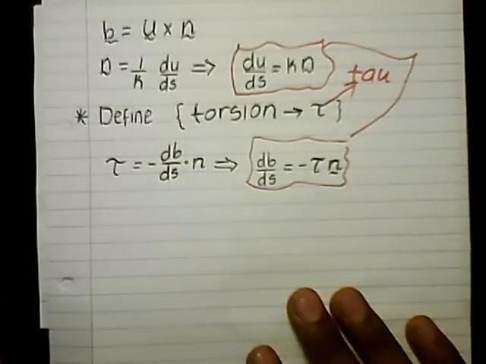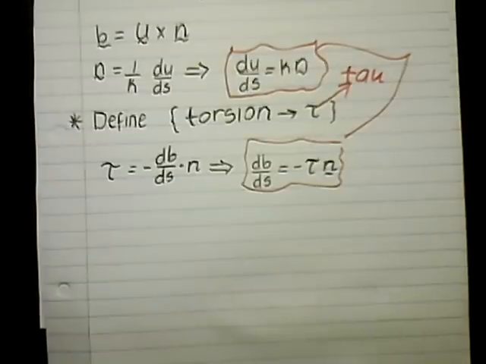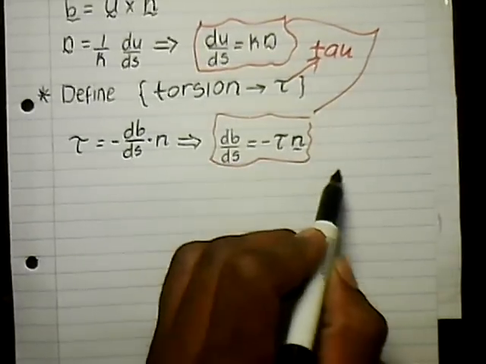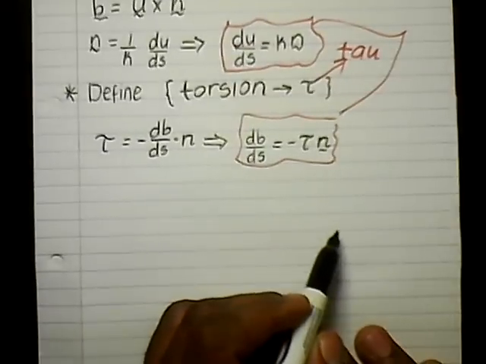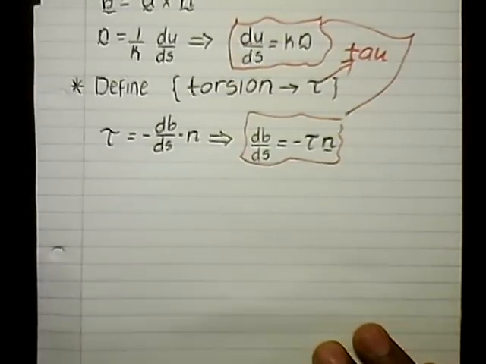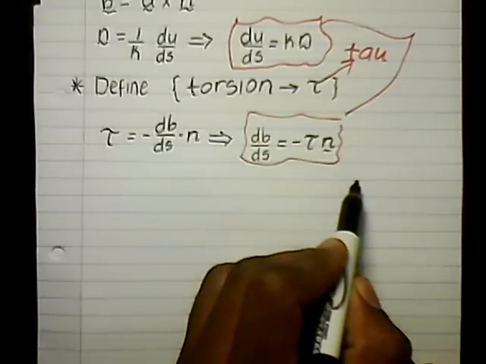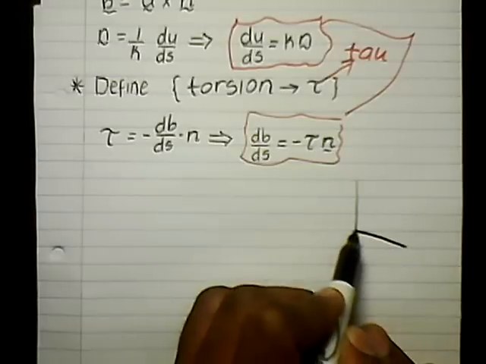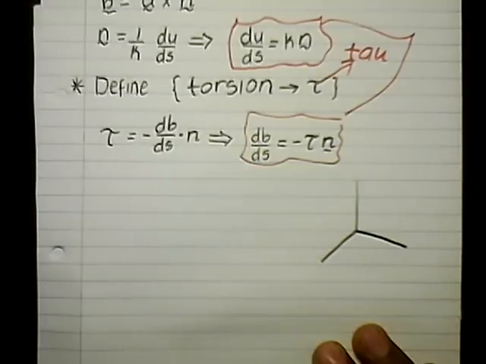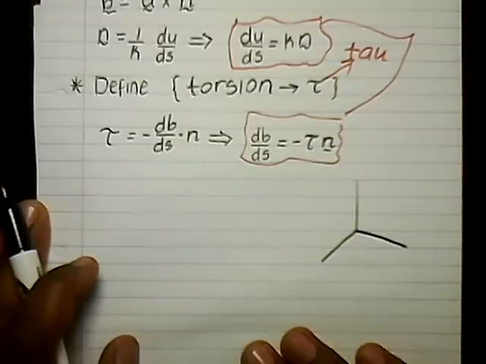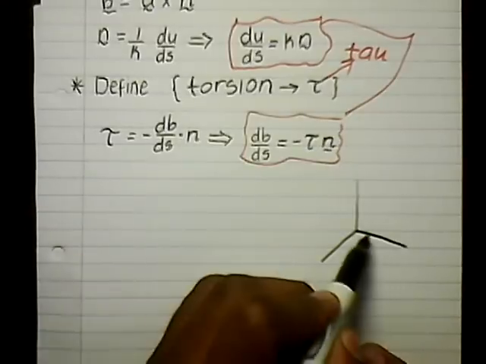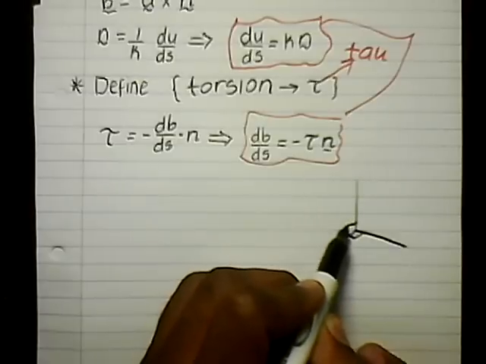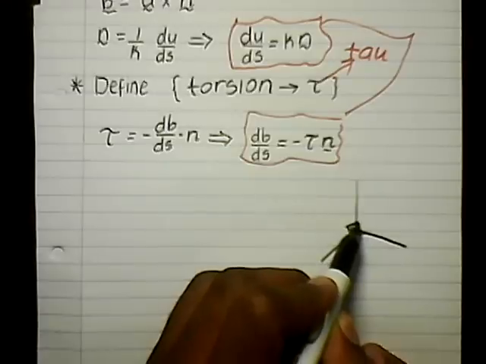Okay, now one other thing, remember when we want to use the right hand rule, noting that the vectors u and b are mutually perpendicular, meaning that each vector is perpendicular to both of the other vectors.